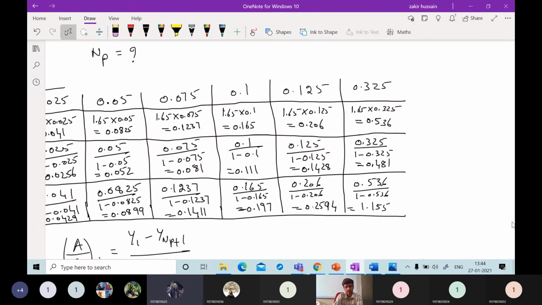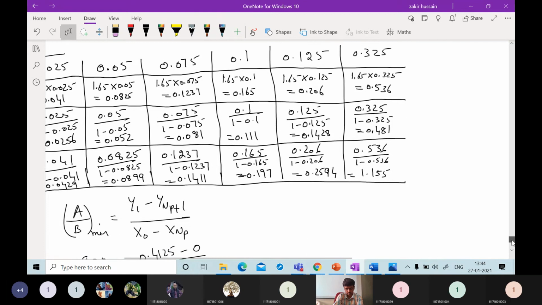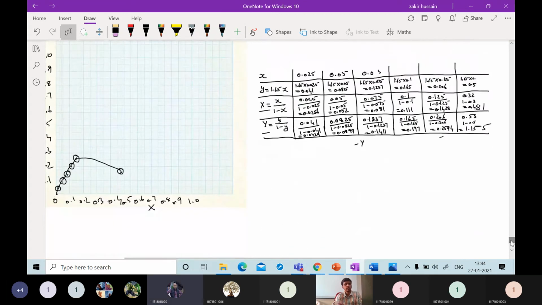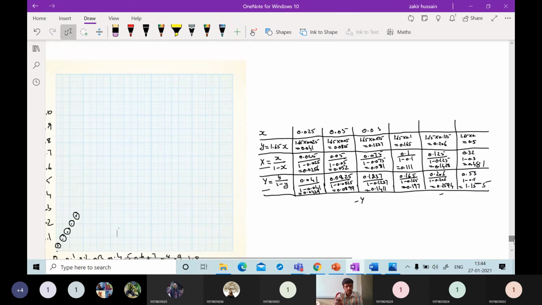Yes, yes, yes. 1.155, 0.48. 0.48 is this one. 1.1 means here it will come. 0.48.